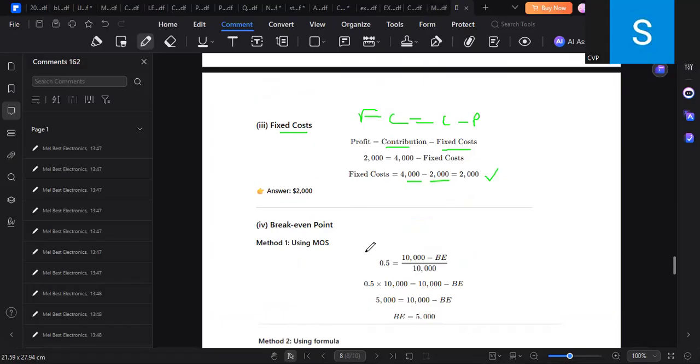So margin of safety is actual sales minus break-even sales over actual sales, which is 0.5. Cross multiply, this will be 5,000. We have 10,000, so 10,000 minus 5,000. Our break-even sales are 5,000.